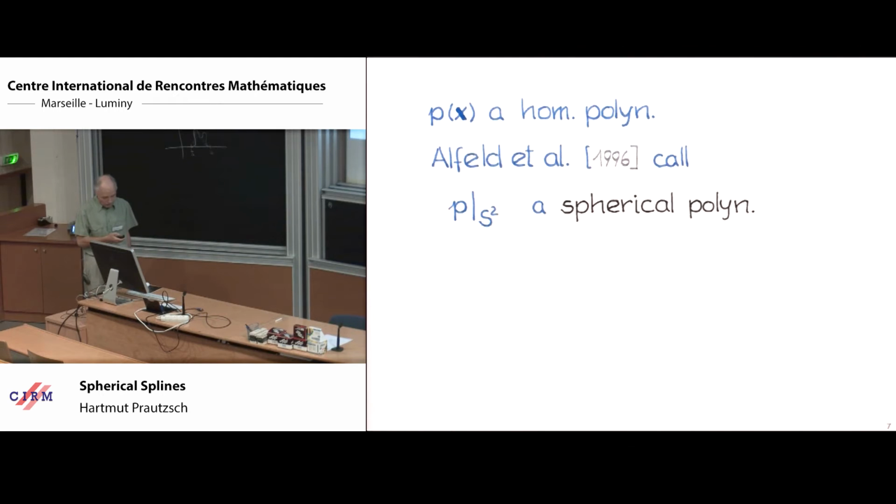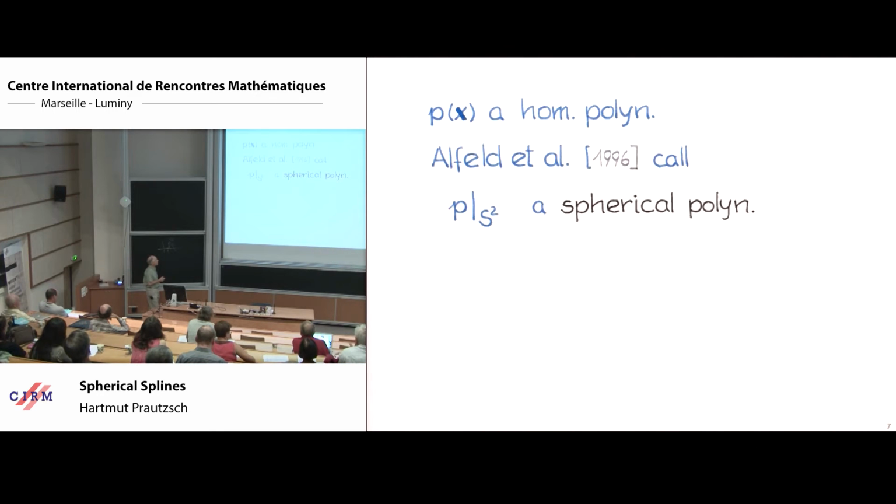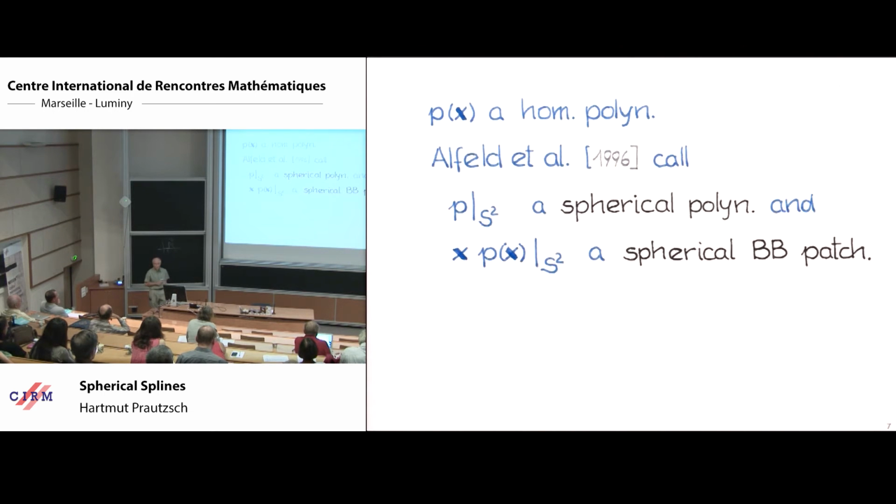Well, now if we restrict such a homogeneous polynomial to the sphere, we get what Alfred et al. called the spherical polynomial. And if we multiplied the unit vectors by the values of a homogeneous polynomial or spherical polynomial, we get what they call a spherical patch or spherical Bernstein-Bézier patch.